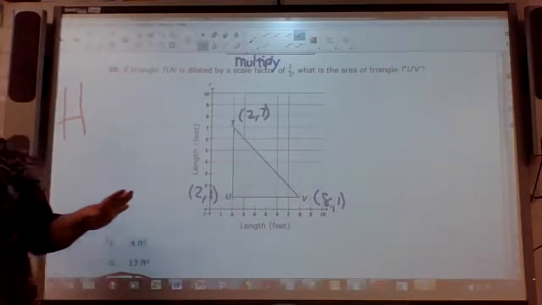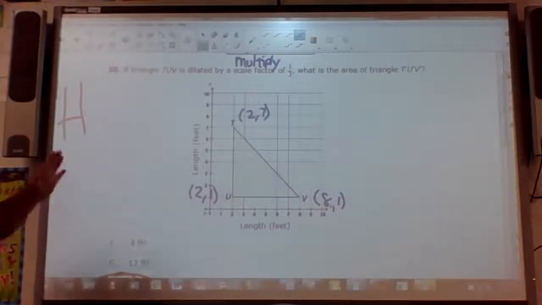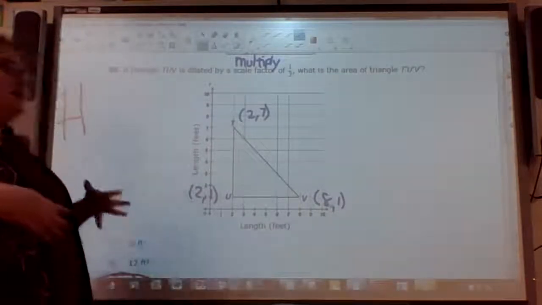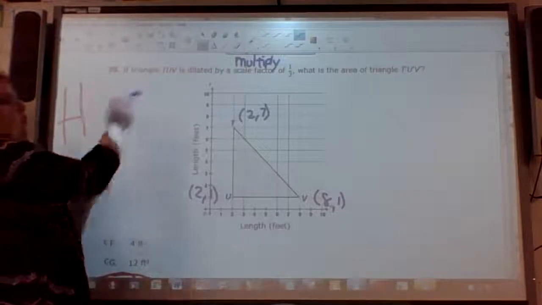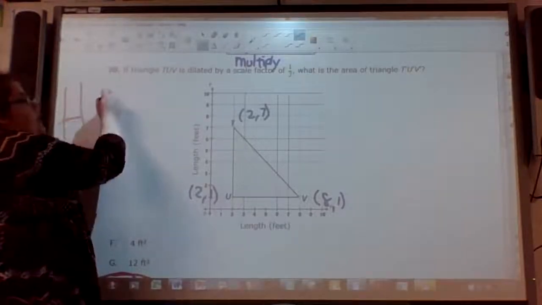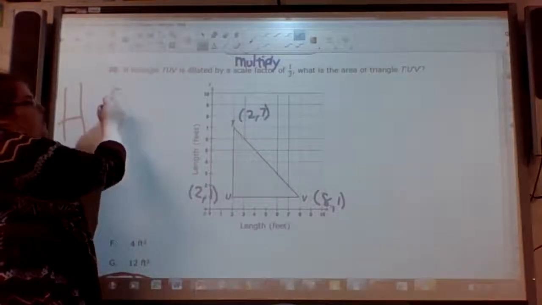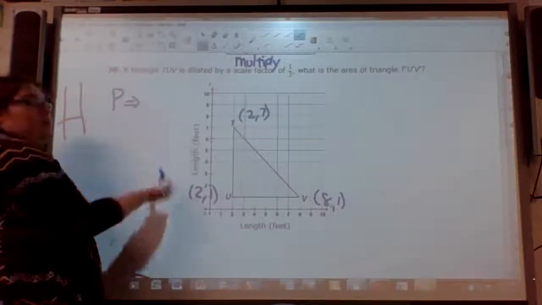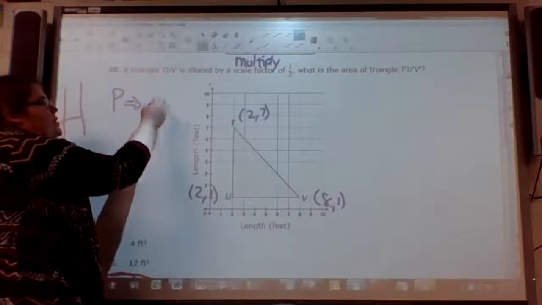But one of the rules we talked about in our notes, or we're coming up on, says that when you are doing a scale factor, the perimeter will change by multiplying by that scale factor.